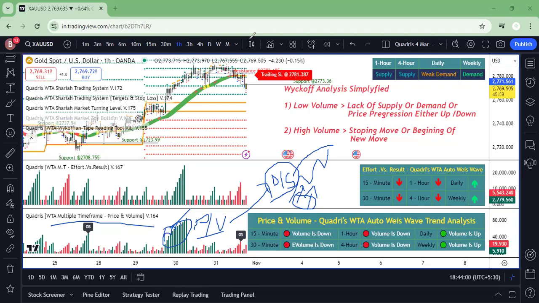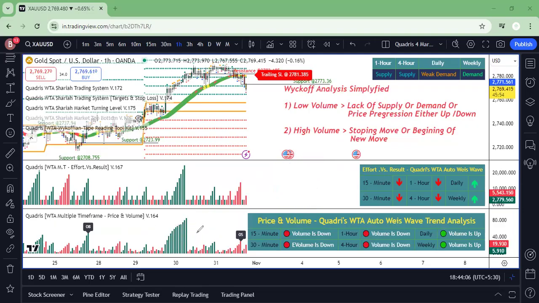I will not go into detail of what the Weiss wave comprises of and how the calculation is made, because that is much more theoretical. Most traders are interested in learning the logic, not what works behind it, because you are not going to code it yourself, you are going to apply it.